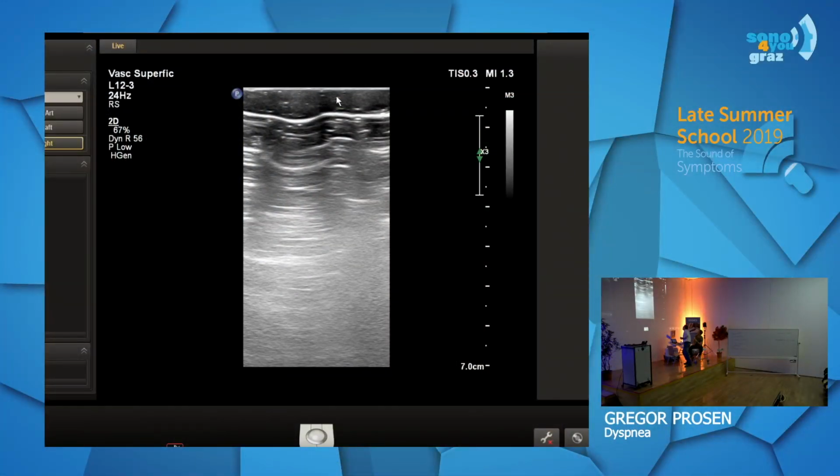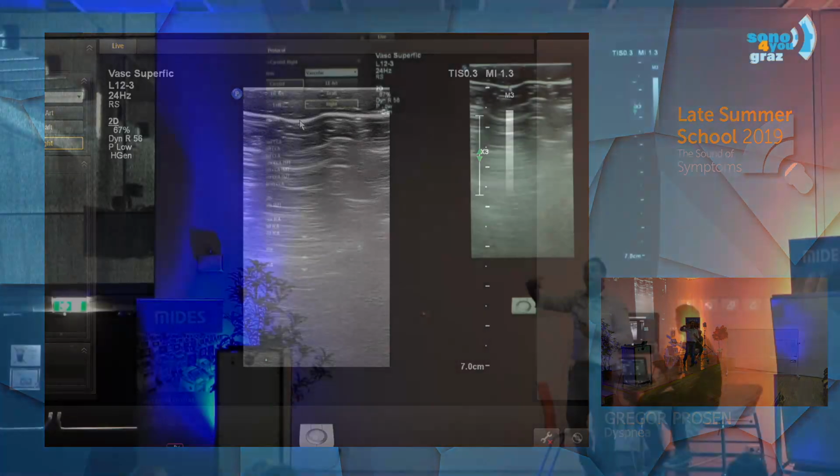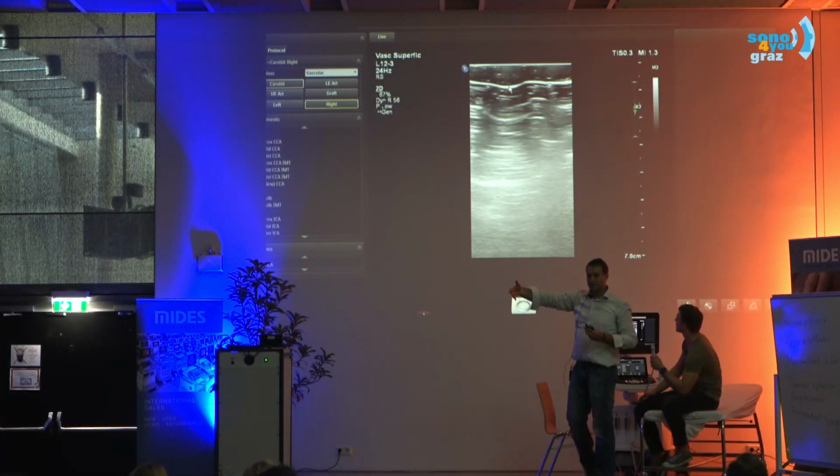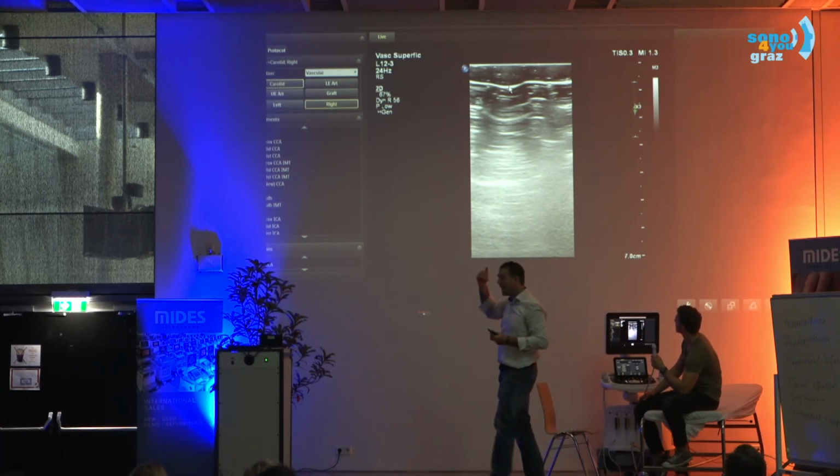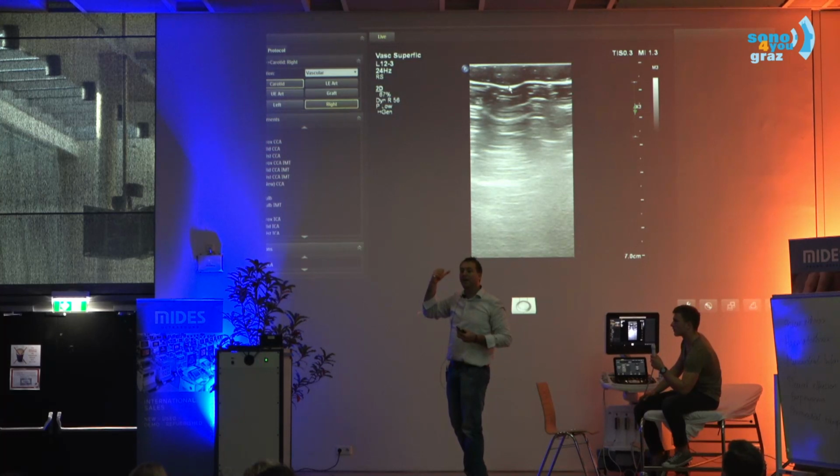Look, this is the gel. And this is the gel-air interface, this hyperechogenic line. And all the other horizontal lines are actually reverberation artifacts. Yeah? How are they called, these reverberation artifacts? How are they called when they appear in the lung?